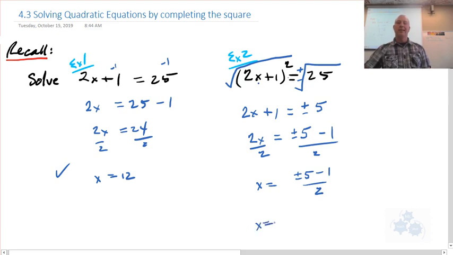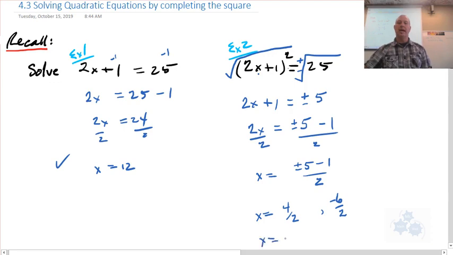We can simplify this, right? 5 minus 1 is 4 over 2. And the other option, so here there are two solutions, negative 5 minus 1 over 2. That's negative 6 over 2. So the solutions here are x equals 2 and negative 3.